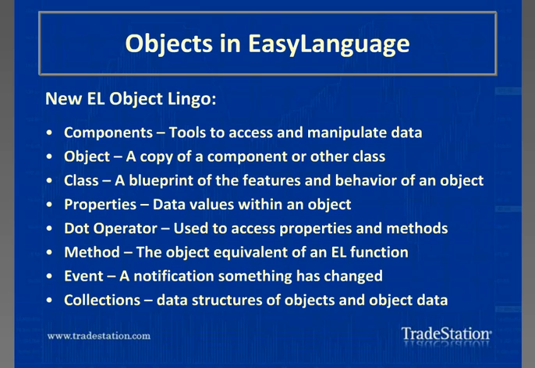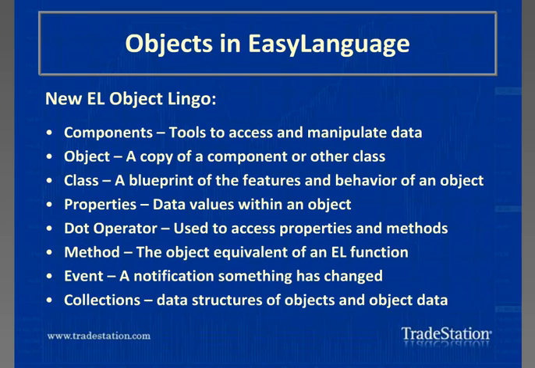And collections. Collections is how the data is stored within an object. So we're going to use the word collections a lot to describe what the object is working on. So for example, in my PSP Microsoft object, there's going to be a collection of data for me to manipulate. So there's going to be a collection of closes that I can manipulate.